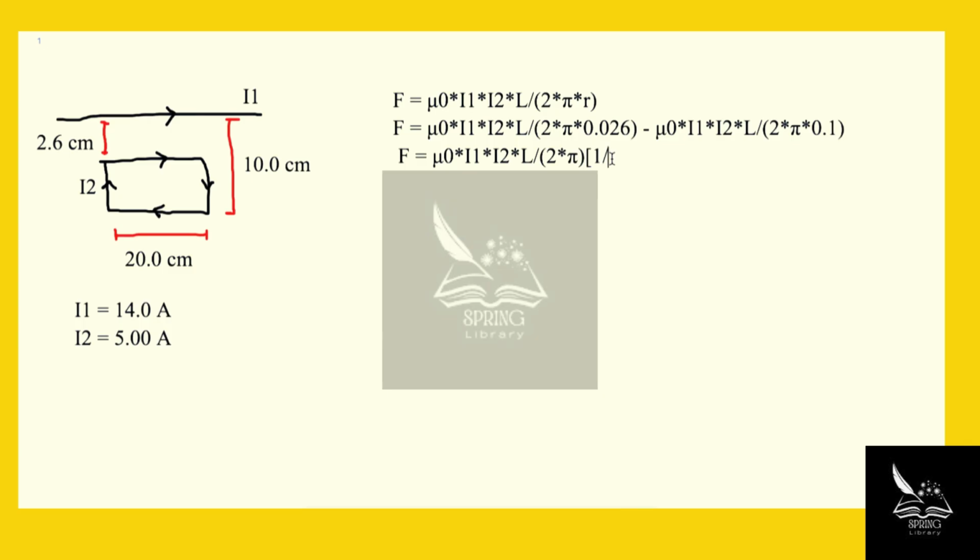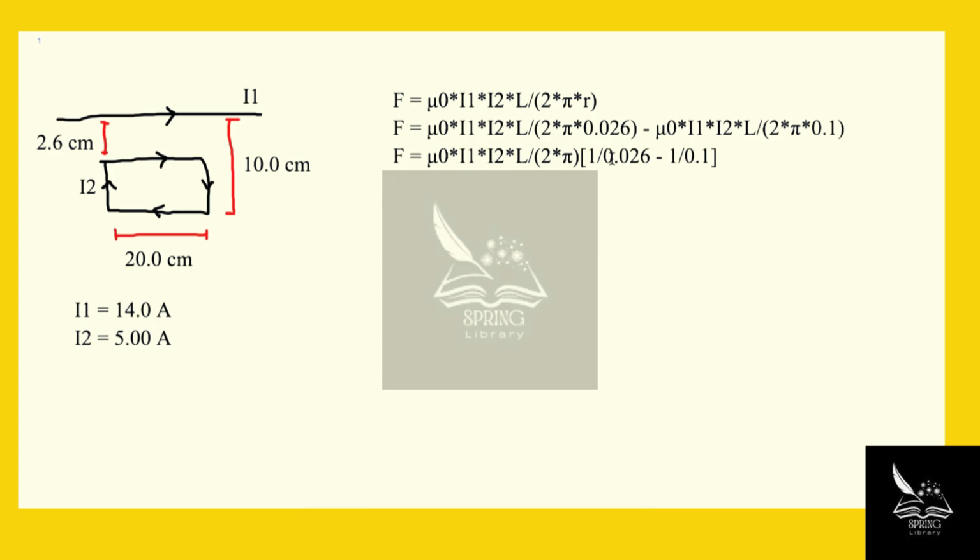And then we just have 1 over 0.026 minus 1 over 0.1. And again, we're just looking for a magnitude, so we just want to take the absolute value of our result.